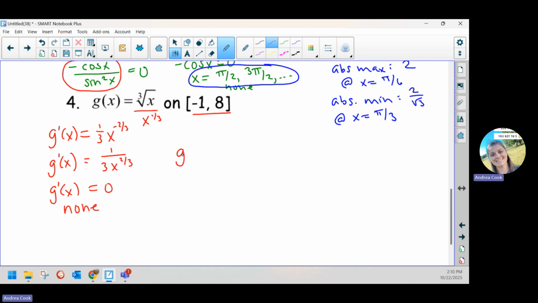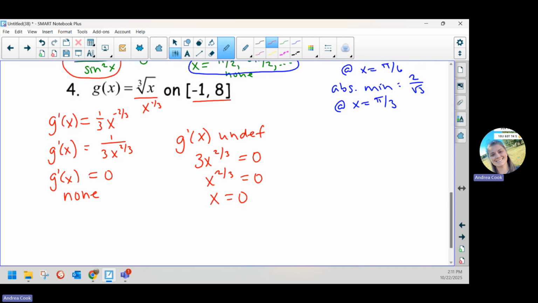Then I want to look where the derivative is undefined, and that's where the denominator is equal to 0. So that will happen at x equals 0. So I just like to think about this graph here, the cube root of x. So there are no horizontal tangents and the derivative is undefined at 0.